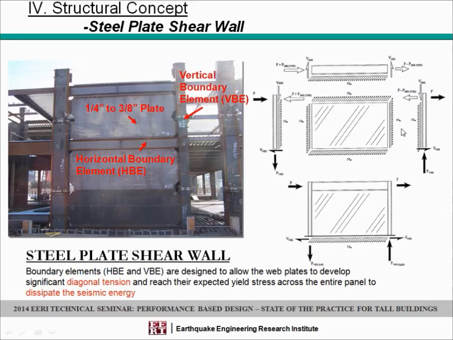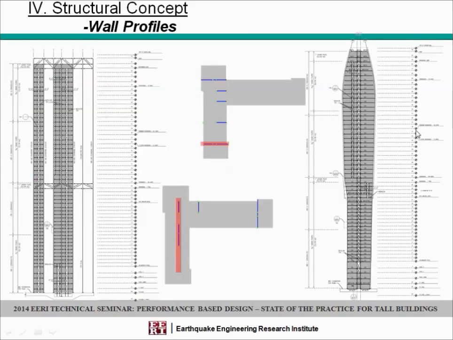It's interesting, the difference with the concrete shear wall that does not attain its complete yielding. You're going to see here how the yielding starts at a very early phase and how it propagates through considerable height of the steel plate system. And they reach their expected yield stress across the entire panel to dissipate the seismic energy.